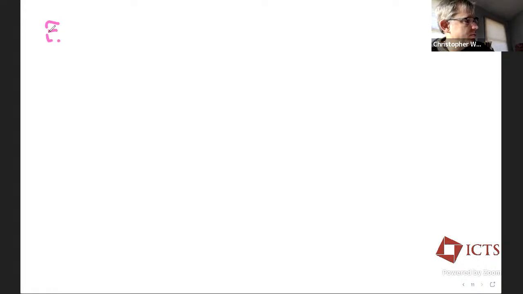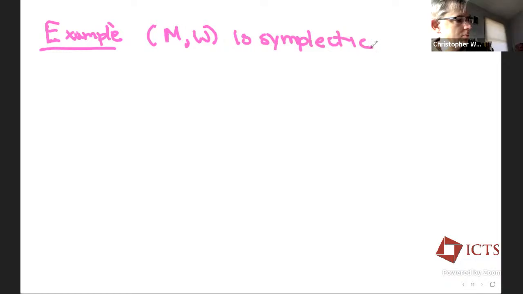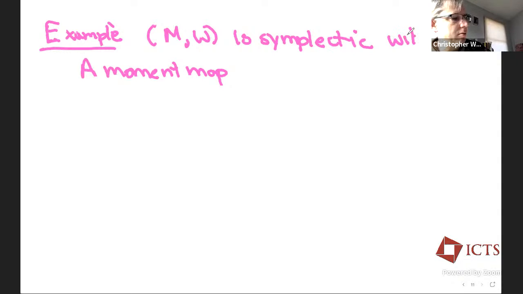So what's an example now? So suppose now that (M, omega) is symplectic, with the G action.